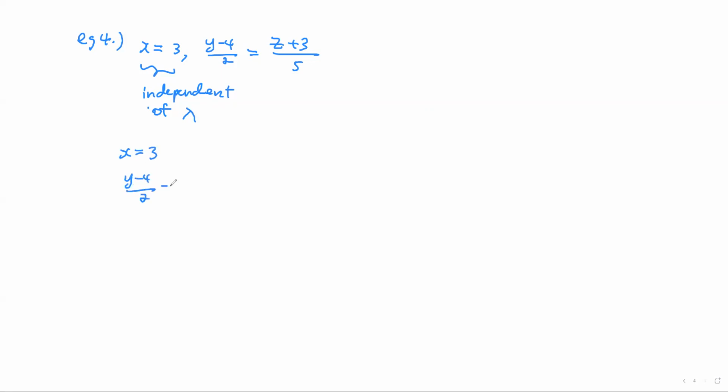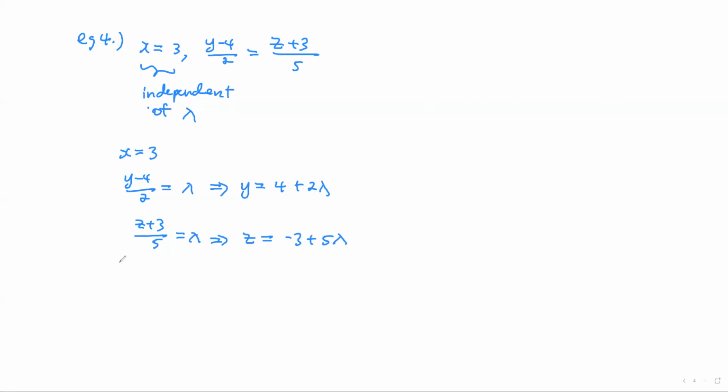(y minus 4) over 2 equals lambda. And (z plus 3) over 5 equals lambda. Okay. So this one I will not touch because x is just equal to 3, right? But for these two, I can make y and z the subject. Right, so y is equal to 4 plus 2 lambda. Okay, so z is equal to negative 3 plus 5 lambda. Right.